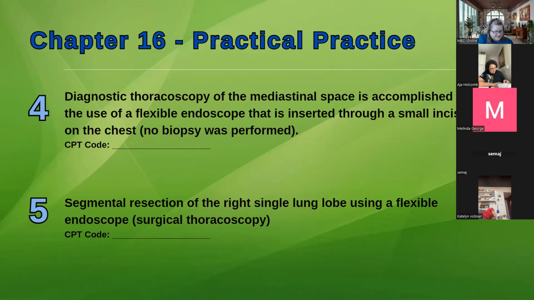Let's see what's under that surgical section. Thoracoscopy, surgical, and then it gives us a bunch of options. So segmental resection.